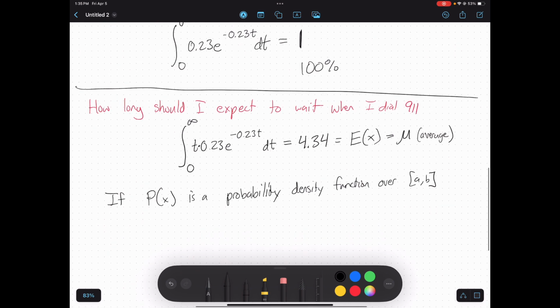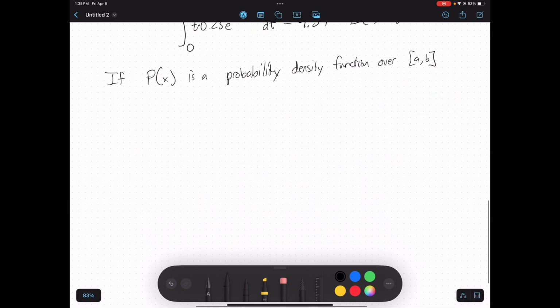In our case, it was 0 to infinity, but in this arbitrary case, let's just call it a to b. Then the expected value is the integral from a to b of x times my probability density function. Take that integral.